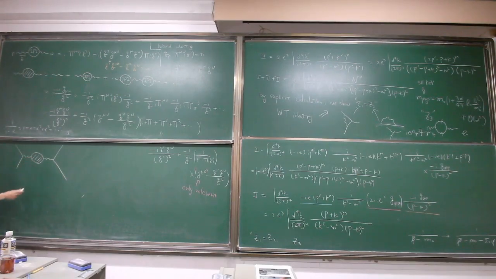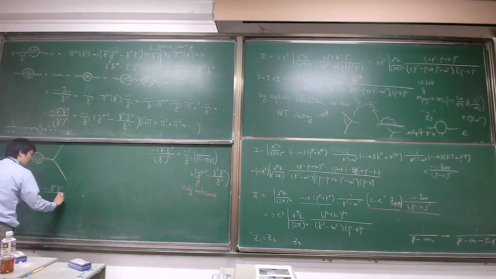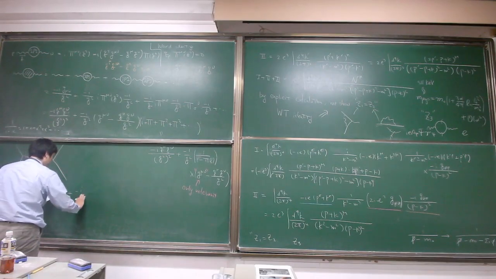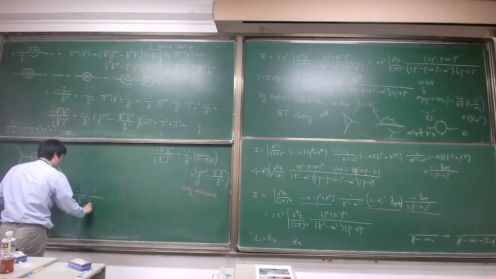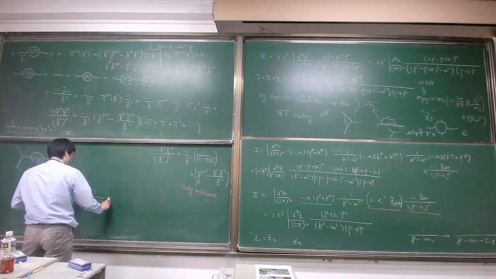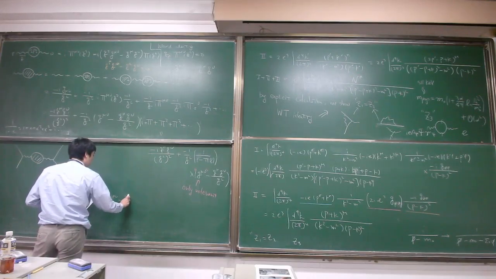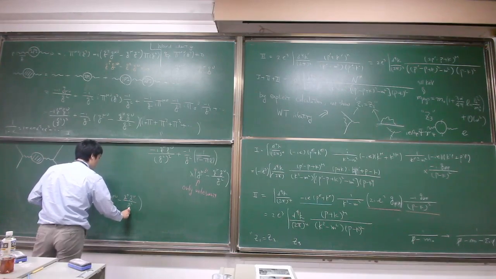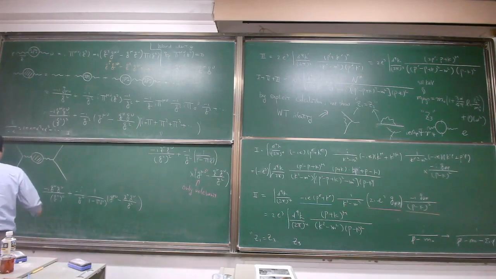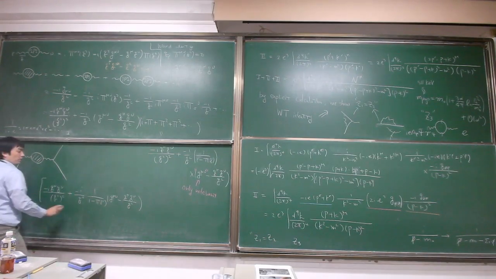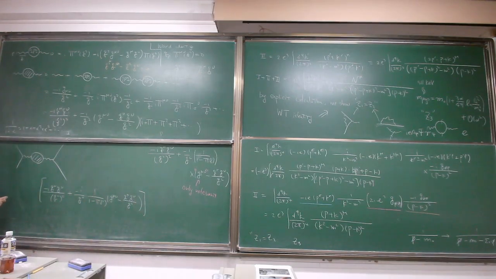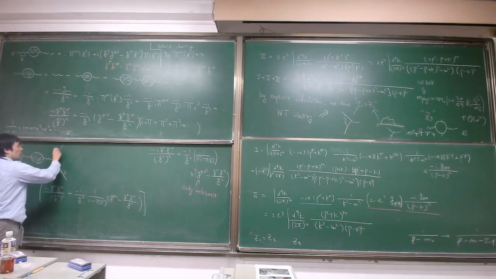Here we know the propagator is proportional to minus i over q squared times g mu nu minus q mu q nu over q squared. Then we contract with the vertex here, with p prime and p, k prime and k.